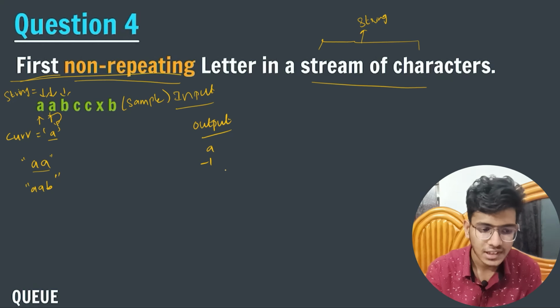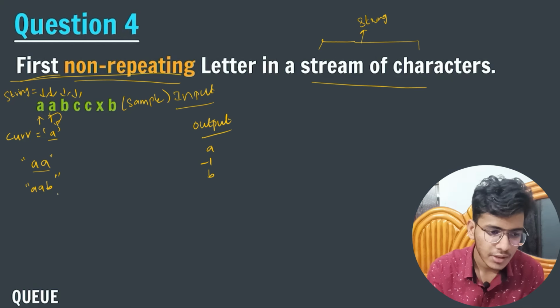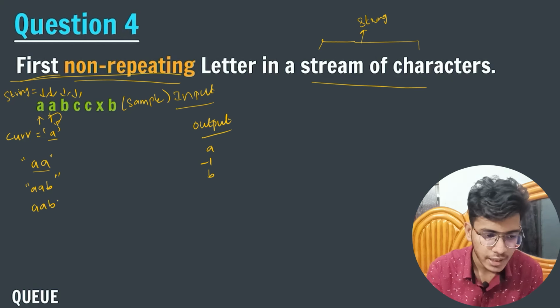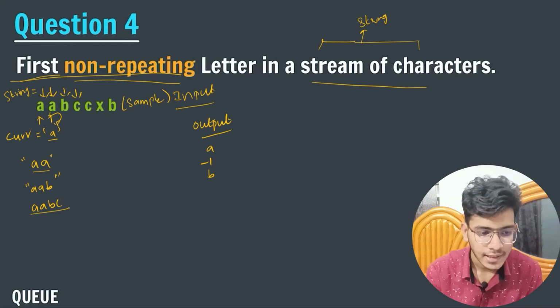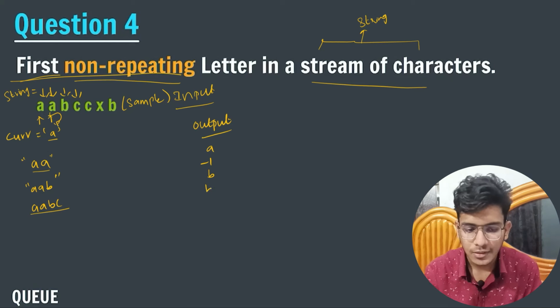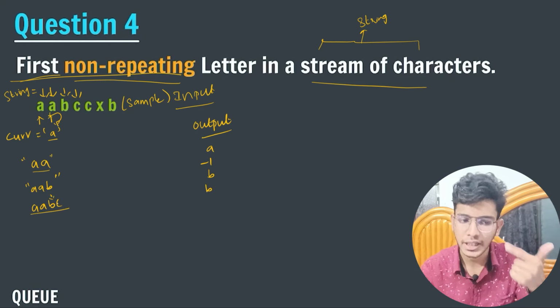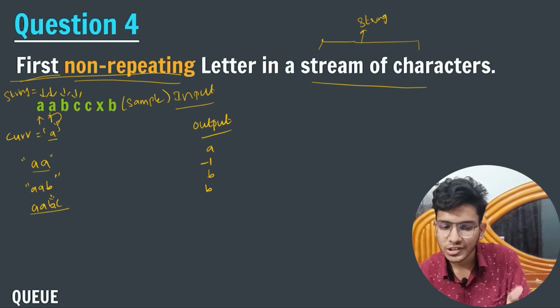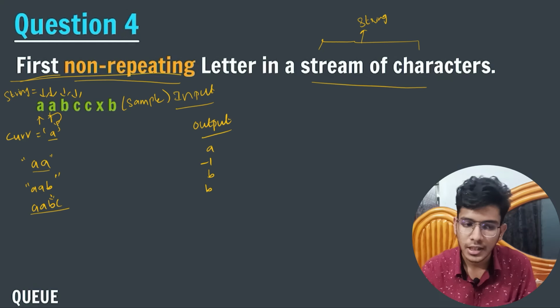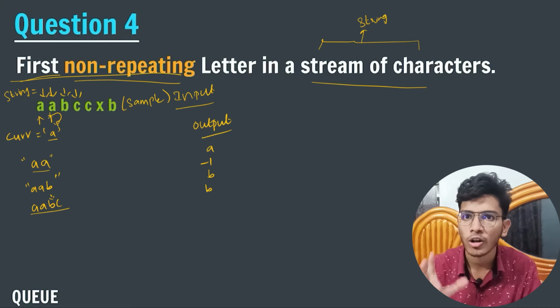Now in this, what is the unique or first non-repeating? That is B. Now after that I will add C. So A, A, B, C. And in this, what is the unique, or you can say first non-repeating, is B. Now you can see that here we have 2 unique characters, B and C, but in the output screen we have only printed B, because in the given question it is asking only first non-repeating.